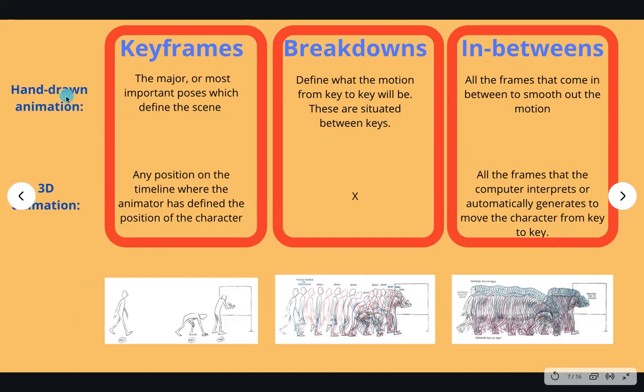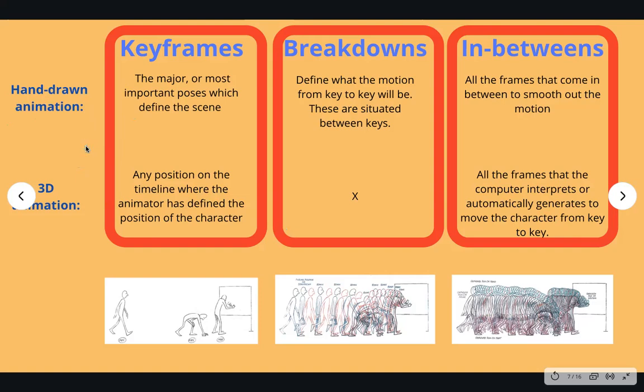And then we have keyframes, breakdowns, and in-betweens. Now, this varies a bit between hand-drawn animation and 3D animation. So hand-drawn would also technically refer to what we're doing now because it's 2D, right? We're not going to be doing any 3D animations today. So keyframes, basically in 2D, you guys can read this bottom part if you like, just for your own information, you can pause the video, but I'll just be covering 2D.